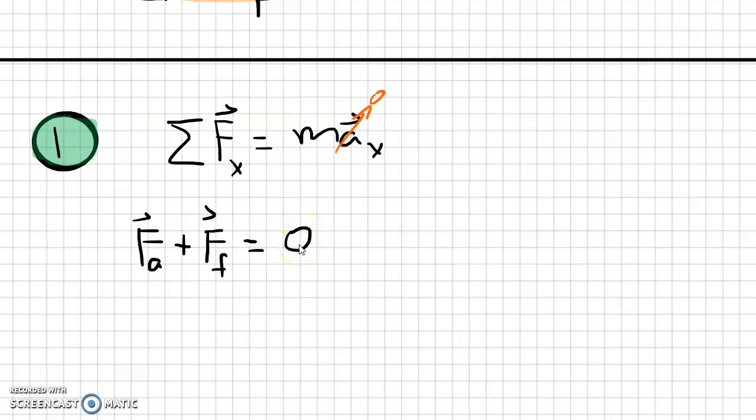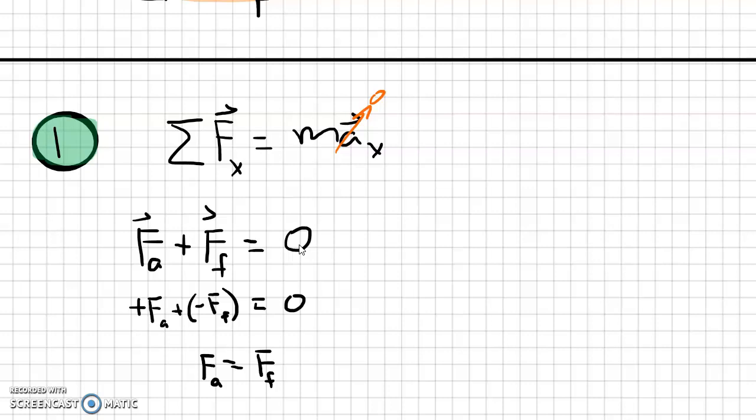So magnitude-wise, if I substitute in the magnitudes here, the force applied plus, and you've got to remember the force of friction was a negative force, these are going to have to equal 0. If you do the algebra here, basically what you're going to find is that the applied force does in fact equal the force of friction. And again, this is the magnitudes of these two.